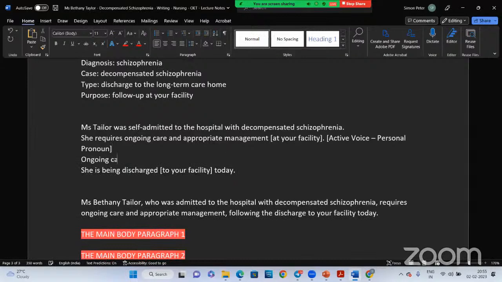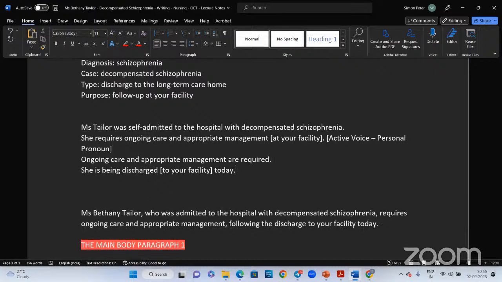Ongoing care and appropriate management are required. Okay. Ongoing care and appropriate management are required by her. That's the meaning.